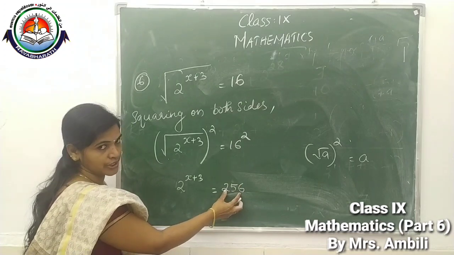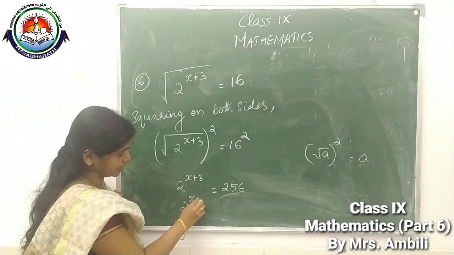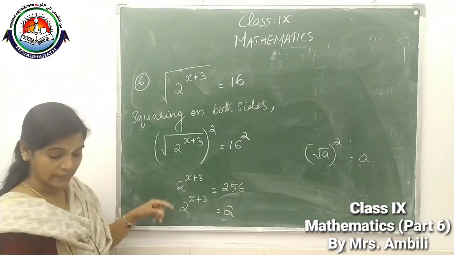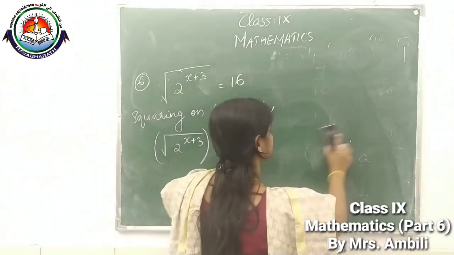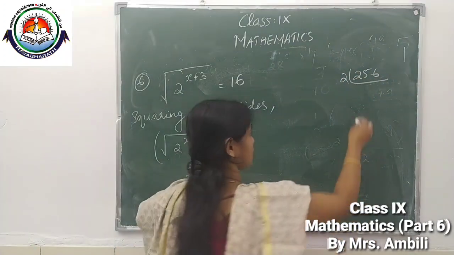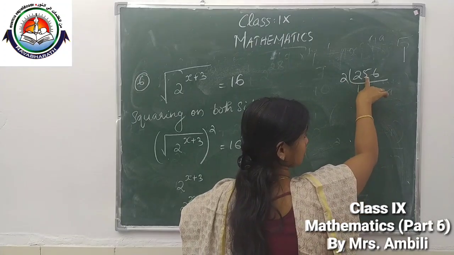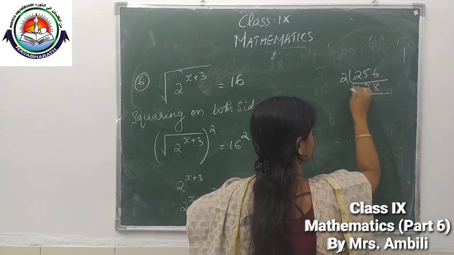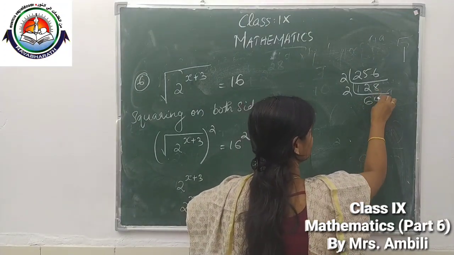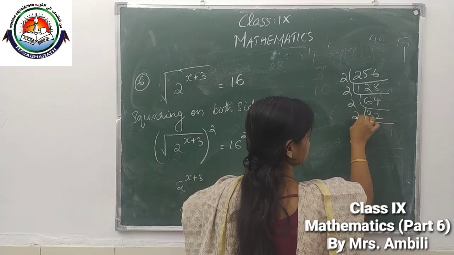Here also you need to change to the power of 2. So 2 raised to x plus 3 equals 2 raised to something. For finding that, divide 256 by 2: 128, 64, 32, 16, 8, 4, 2, 1.